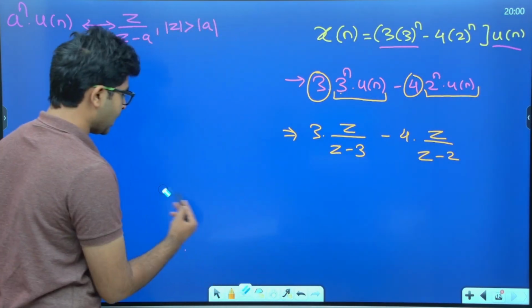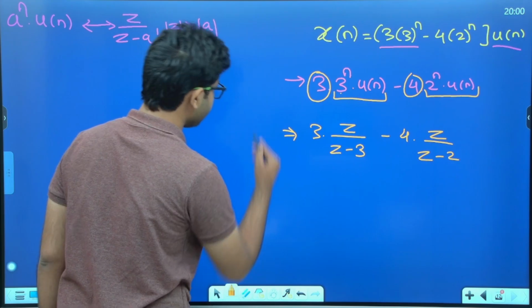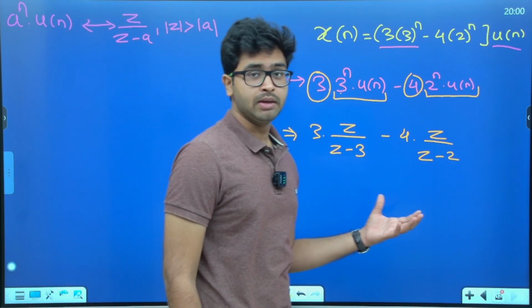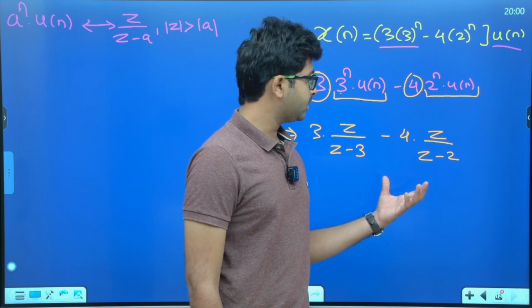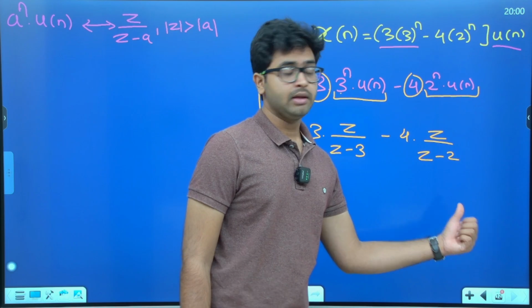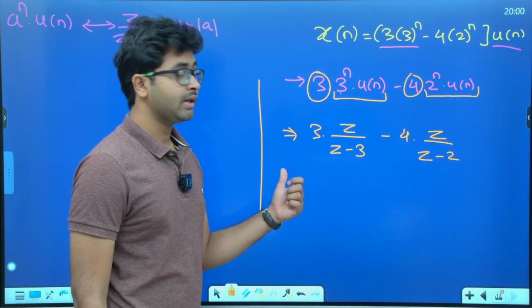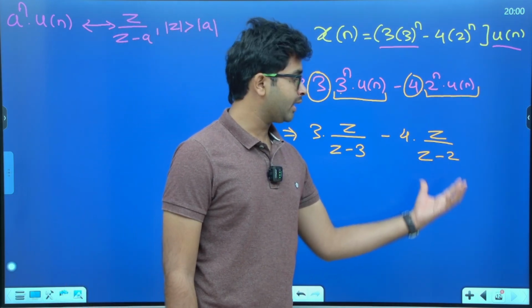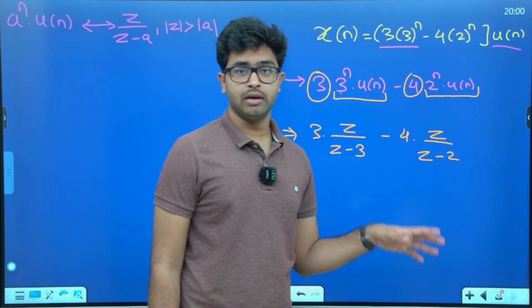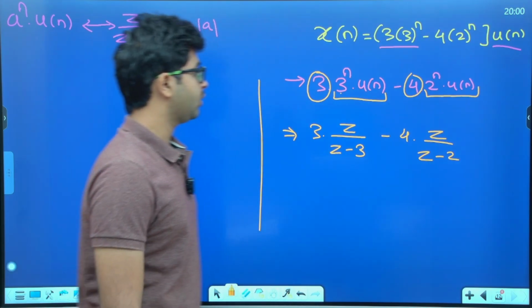Now let's discuss the ROC side by side because this is the most important. Once we solve the example, it's not enough that only one part is correct. The second part is also important: the ROC should be correct. If I get the correct answer but I write the ROC wrong, the whole example will be wrong.